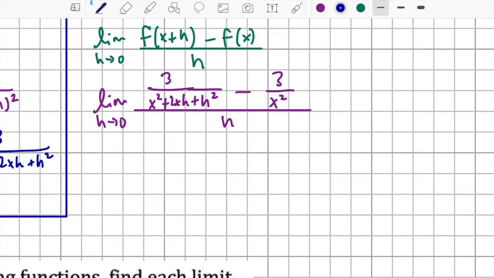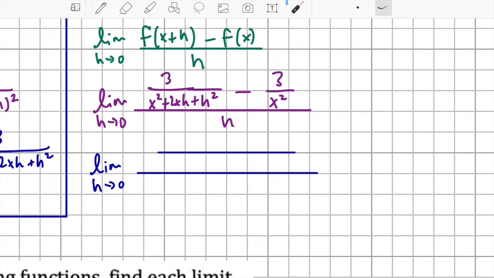So we need the common denominator. Let's see, so limit as h approaches 0. Now, common denominator, I'm going to write it as one fraction.